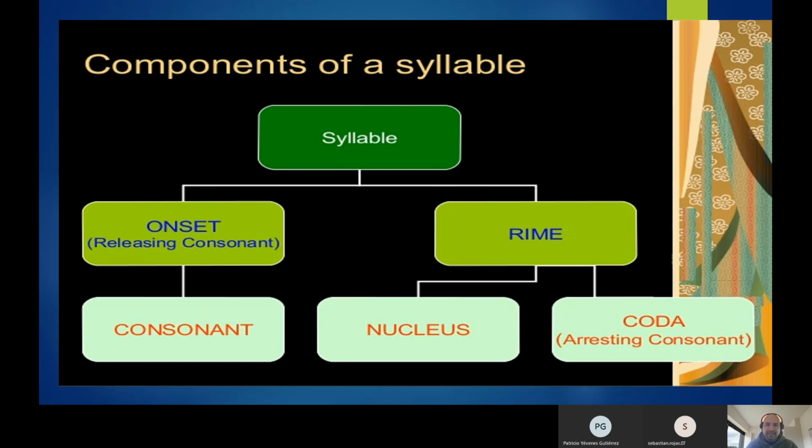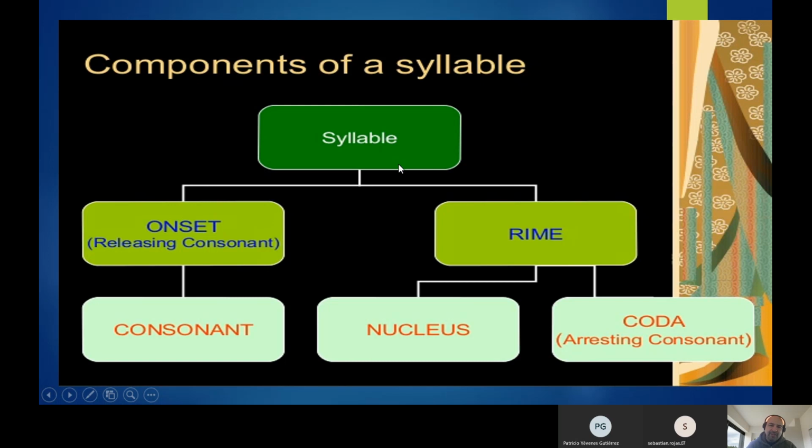We will see syllables that have a nucleus and an onset, or a nucleus that has only a coda and no onset, or syllables in which the onset is composed of one, two, or three consonant sounds. The same thing with the coda. Sometimes the coda will be composed of more than one consonant sound. So that's important to remember.